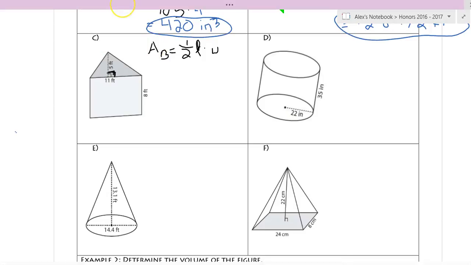I'm finding just this base here. I have 5 as my length or width, whichever, and 11 is my other measurement. So that's 1/2 times 5 times 11.